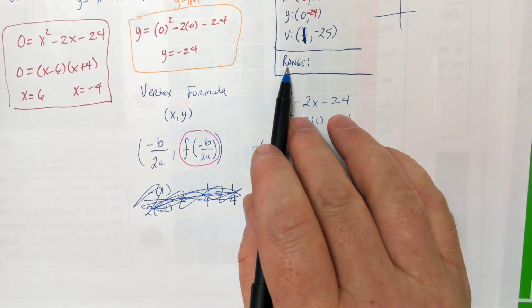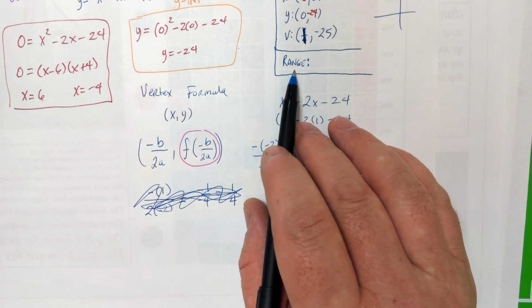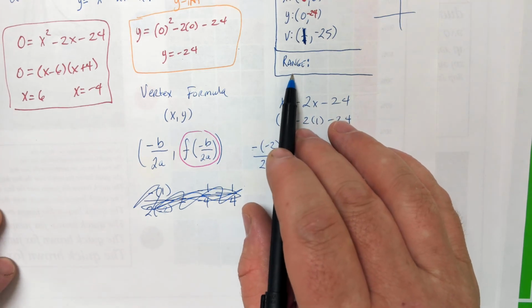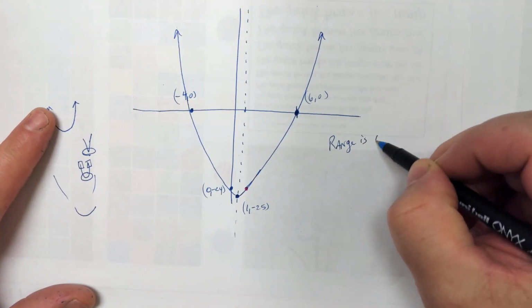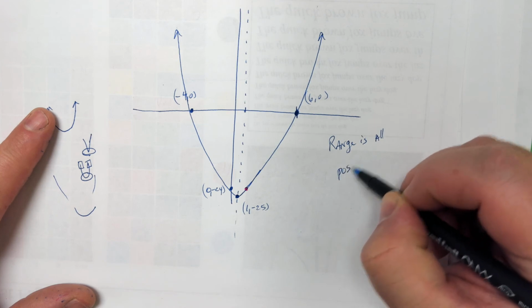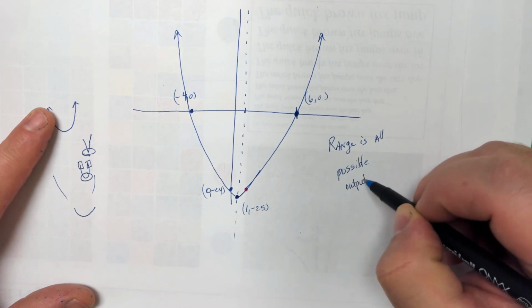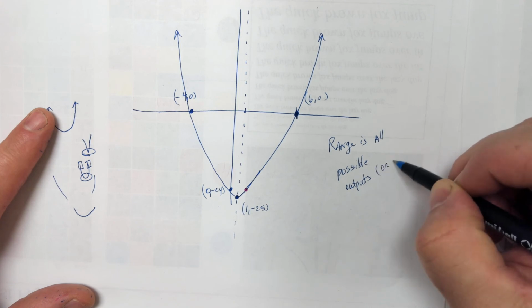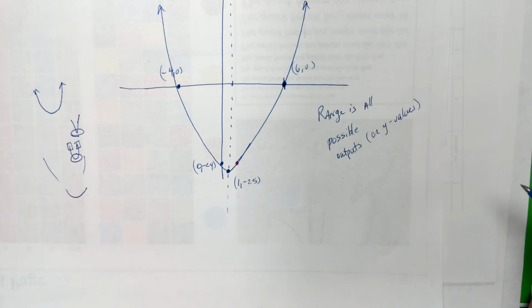Range. Range is all of the possible y values. So we'll write that right here, watch. Range is all possible outputs. Negative 25 and infinity, I guess. You're right.